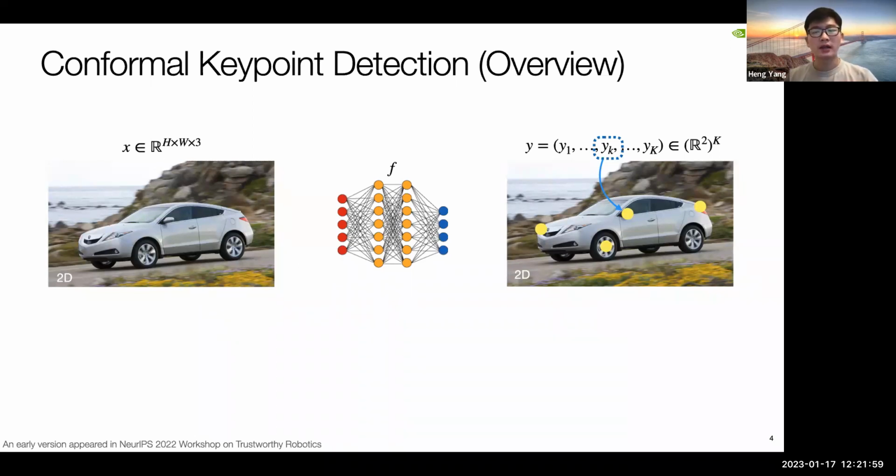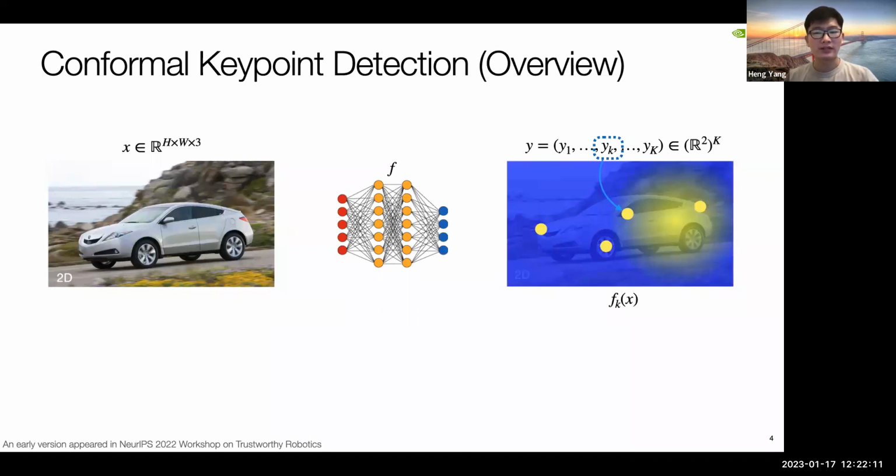So this black box function F is going to take in this 2D image X, and it's going to give us a set of heat maps. Specifically, the kth heat map of this neural network is going to tell us the expected probability distribution of the kth key point Y_k lying on each pixel of this image. So for example, here I'm showing an example heat map.